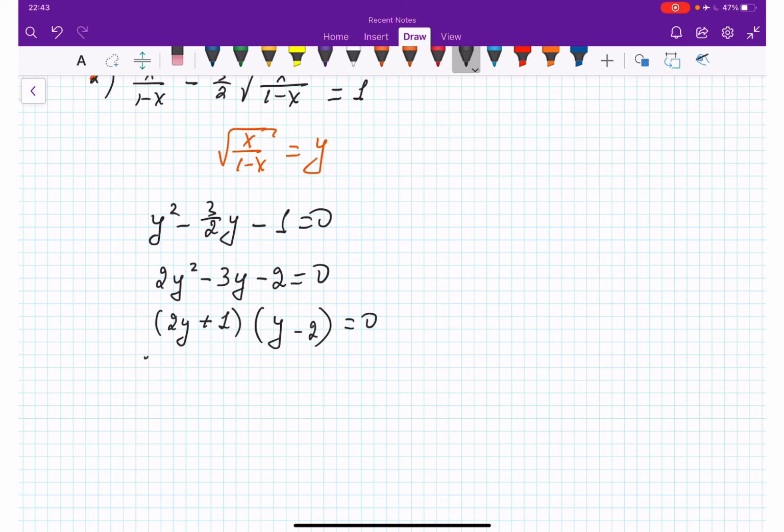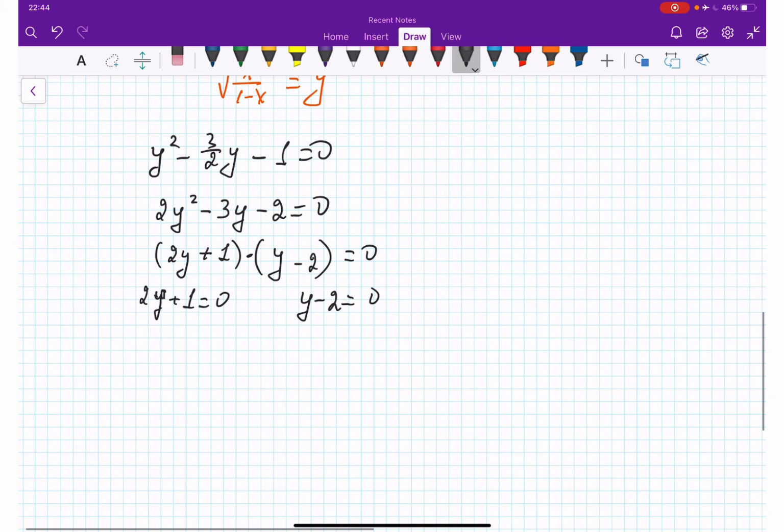From here, 2y plus 1 equals 0, or y minus 2 equals 0, because we get a product equal to 0. So either one parenthesis or another parenthesis. And from here, y is equal negative 1/2, y1, and here we are getting y2 is equal positive 2.